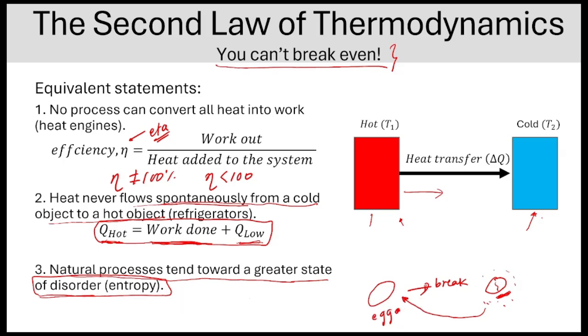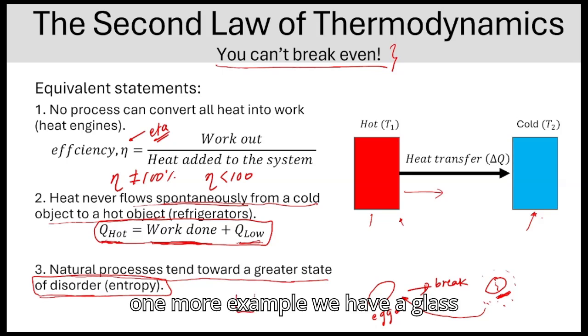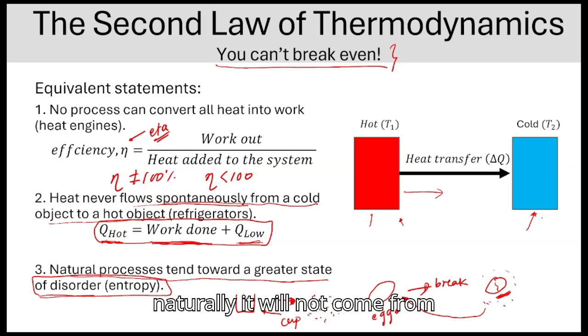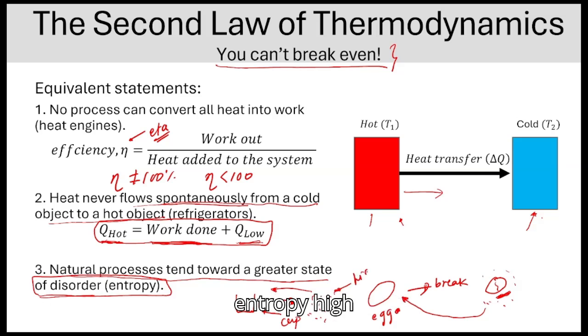One more example: we have a glass cup, and if we break it, it will become shards of glass, and naturally it will not go from this state back to this state, because this is high entropy, high disorder.